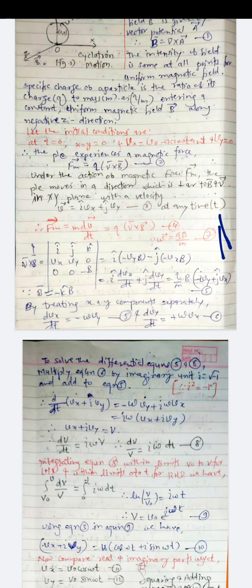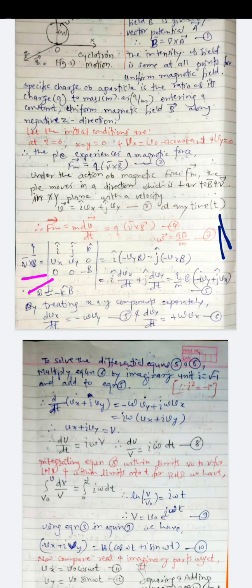Since in equation 4 on the RHS, v bar cross B bar, this cross product is there. Now we have to define this cross product of two vectors, one is velocity vector, another is magnetic field vector. In determinant form, it is expressed as this determinant. The first row of the determinant will be unit vectors i cap, j cap, k cap.